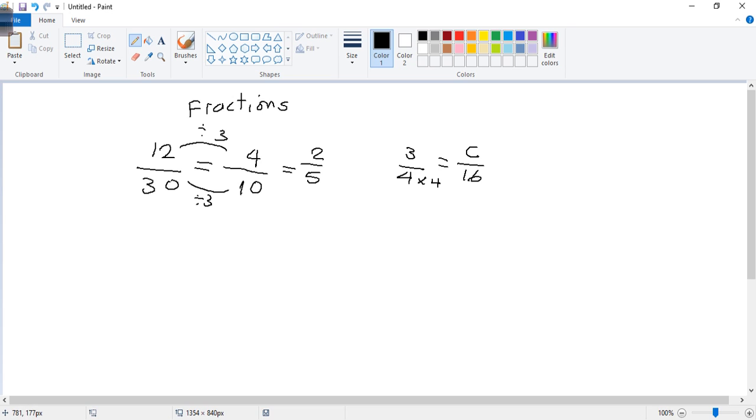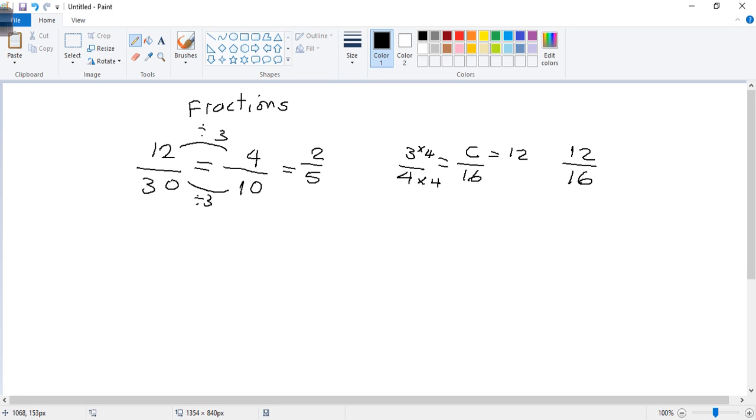The number at the bottom is the denominator and the number on top is the numerator. If we multiply the denominator by 4, we have to multiply the numerator by 4. 4 times 4 equals 16, and 3 times 4 equals 12. That means c equals 12, so the fraction is 12 over 16.